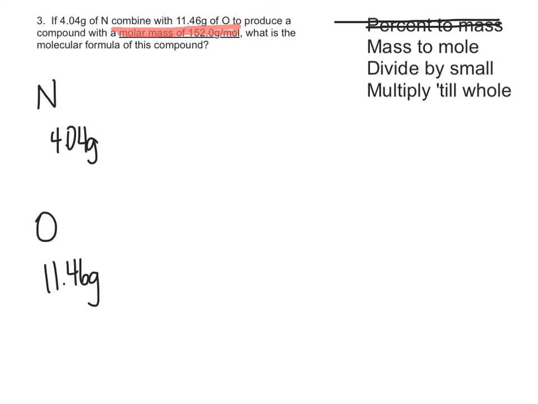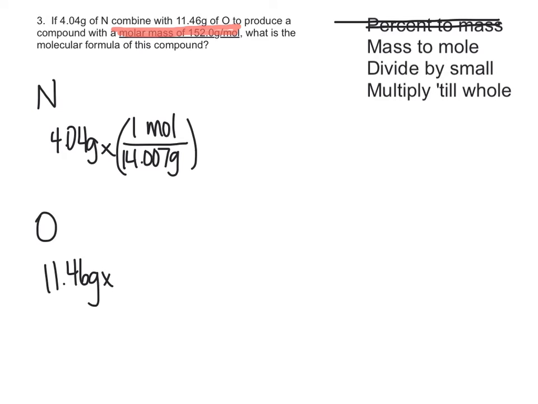And I want to convert this mass to moles. So I'm going to use my conversion, remembering that I want to cancel grams, so I'm going to put the atomic mass of nitrogen on the bottom. That is 14.007 grams in 1 mole.